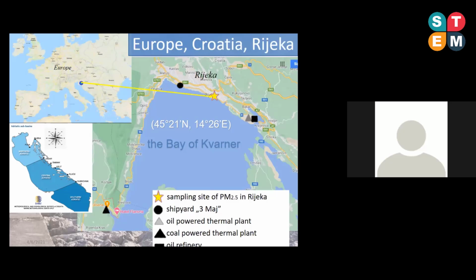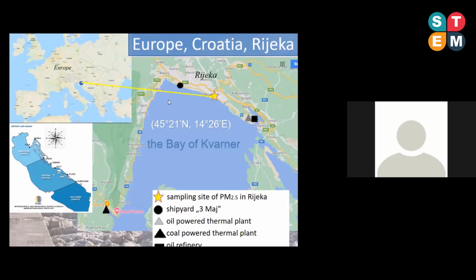We have several strong pollution sources, such as harbor, road and rail transport, shipyard, oil refinery, oil-powered thermal plant, coal-powered thermal plant.